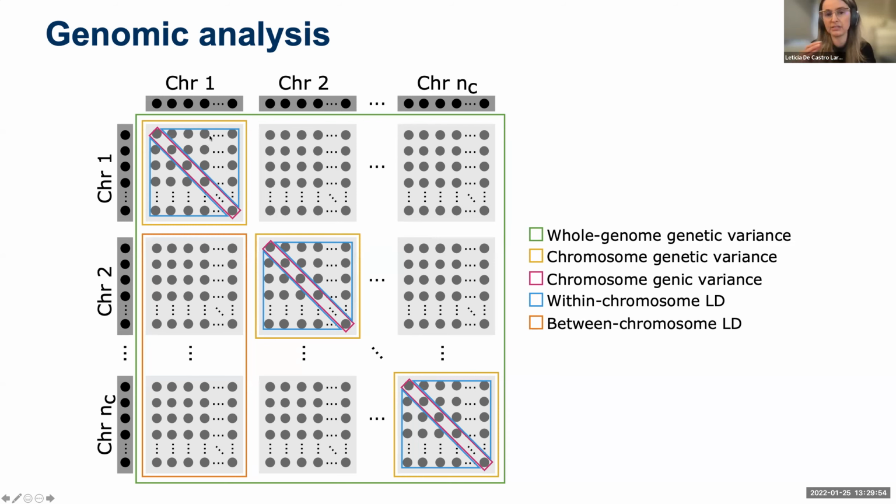And maybe that's why a lot of people don't worry about the linkage disequilibrium between chromosomes, but collectively, when we sum up all of these dots, because there are so many dots of between-chromosome linkage disequilibrium, in the end this linkage disequilibrium affects the genetic variance much more than the within linkage disequilibrium.